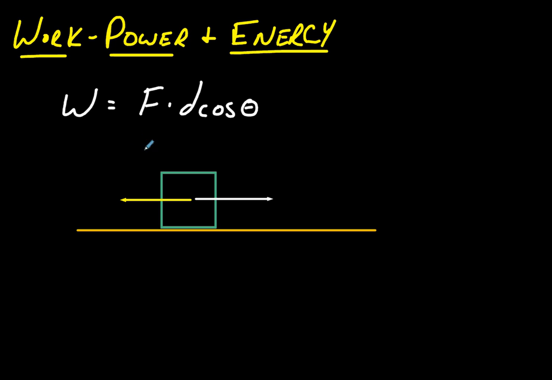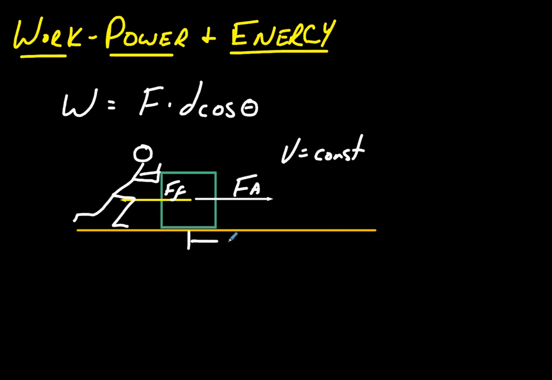So let's just get this all laid out. Here's a person pushing on this thing. Okay, so there's an applied force, and that we'll say is exactly equal to the frictional force, so velocity is constant. We have a constant velocity.